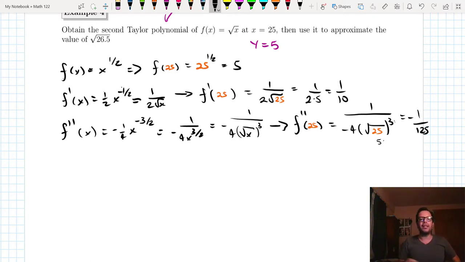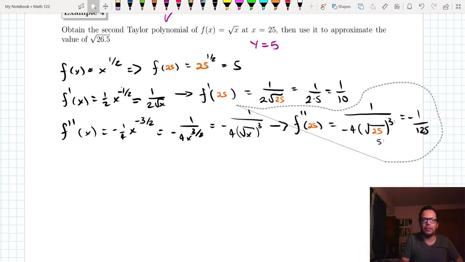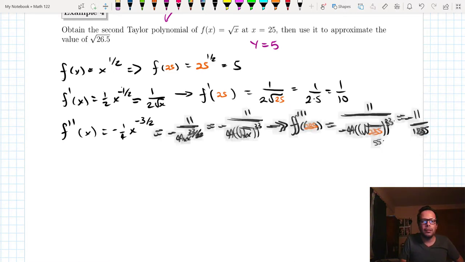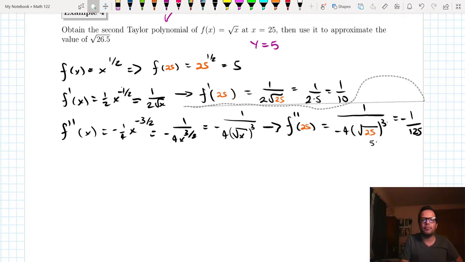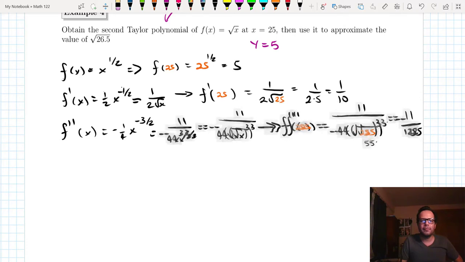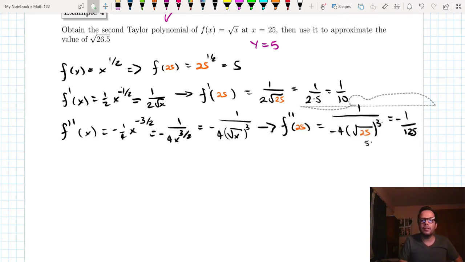Okay, so these are going to be our coefficients. Okay, let me make this a little bit more presentable. I think there's a lot of space in between. And just give me 1 second here.